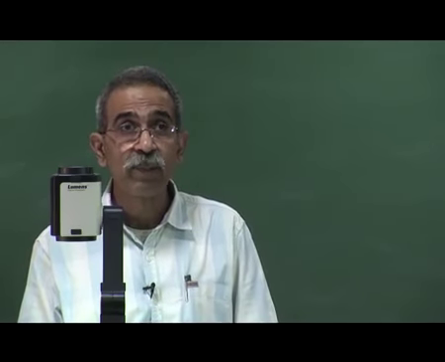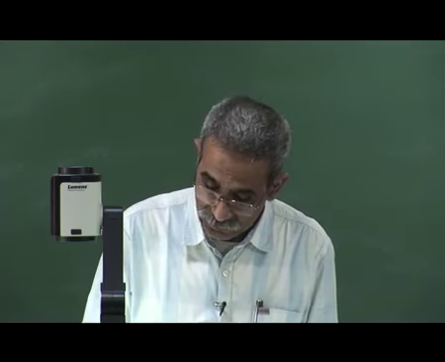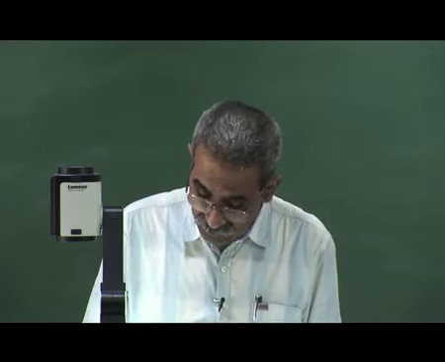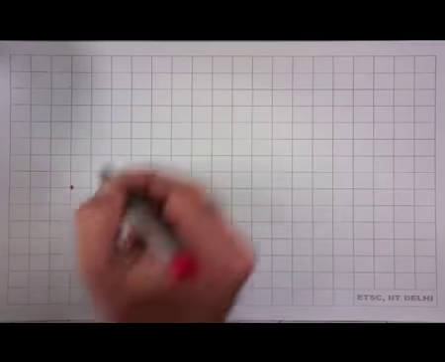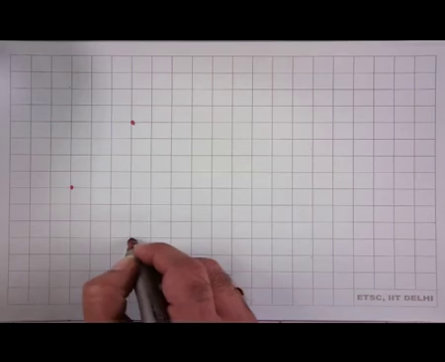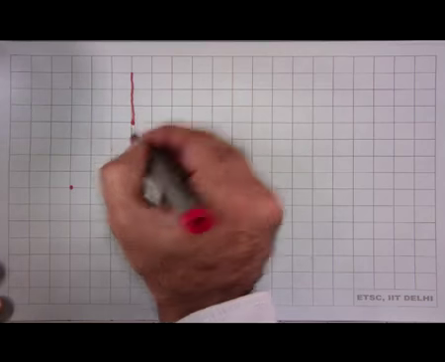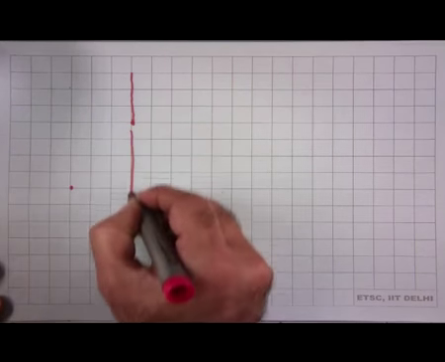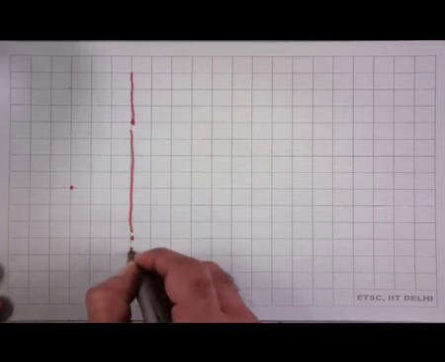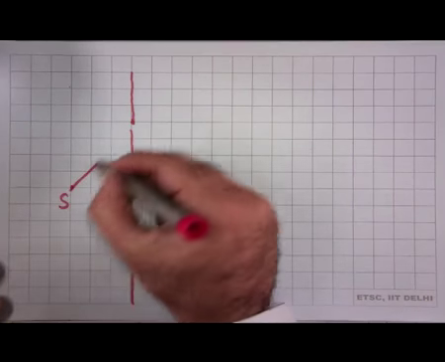So let us therefore repeat our analysis of the double slit experiment. The double slit experiment is fairly well understood, the geometry is well understood. So let me write the slit here. Since there are lines here, it is easy for me to draw, this is the slit. This is my source.